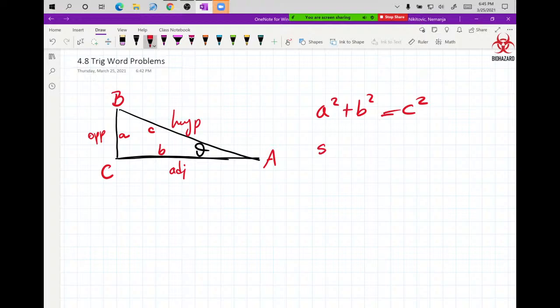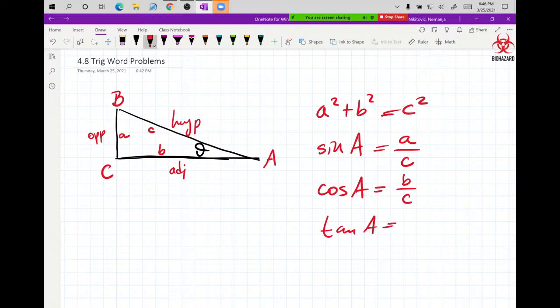So you can have sine of angle A, which is our theta, and sine of A would be opposite, which is a, divided by hypotenuse, which is c. You can have cosine of A, and cosine of A is adjacent, which is b, divided by c. And the tangent of A is going to be opposite a over adjacent b.